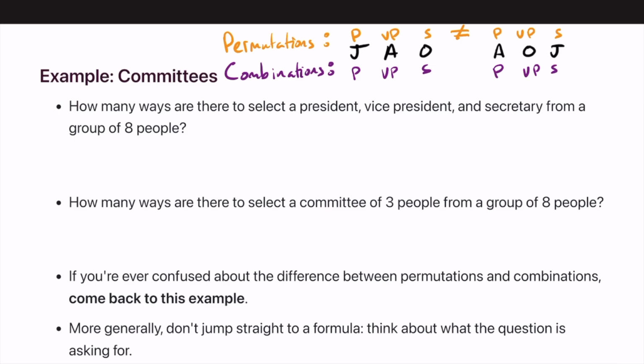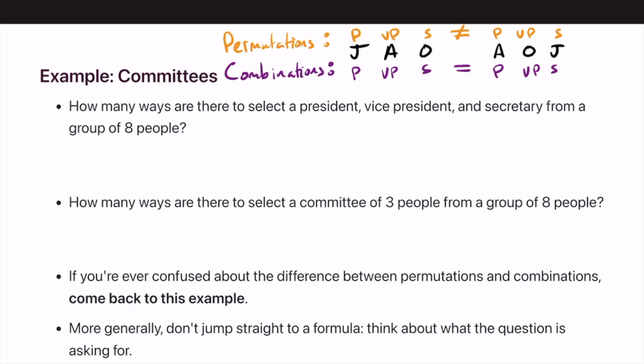Now with combinations, these 2 things would actually be equivalent because the roles don't matter. Why don't the roles matter? Because we can assume role is sort of the same thing as an order, and orders don't matter for combinations.